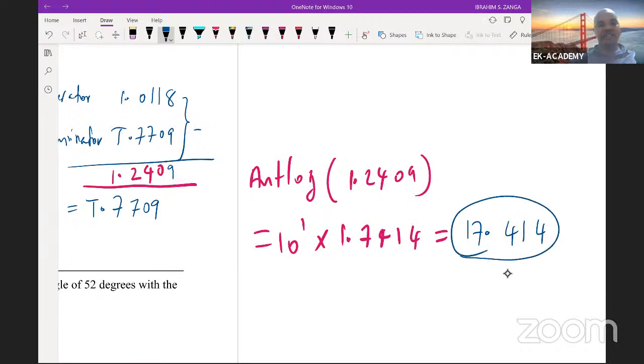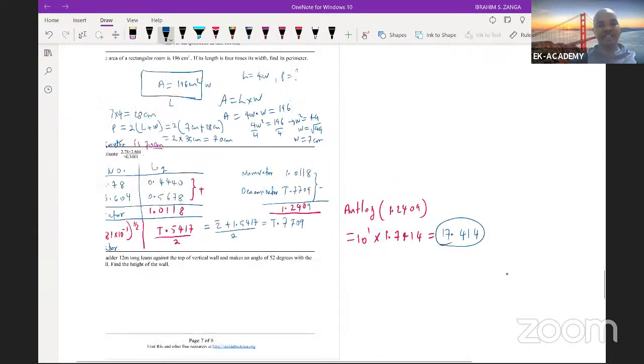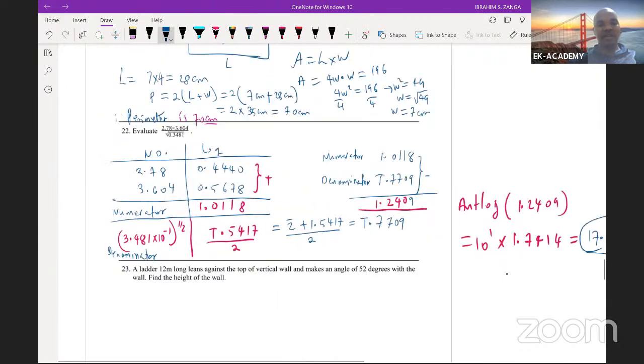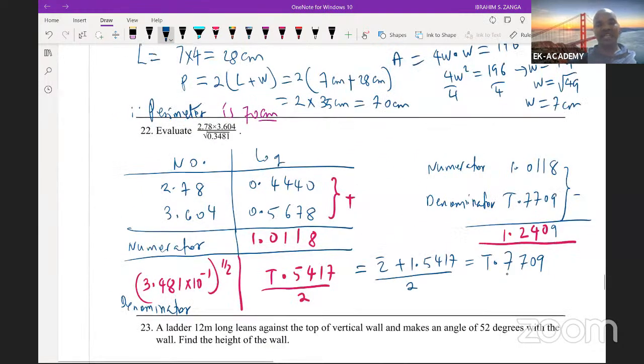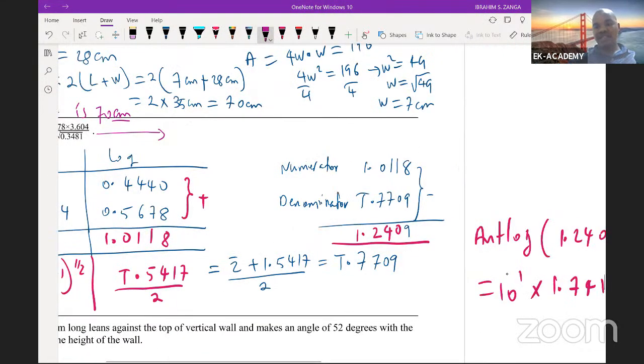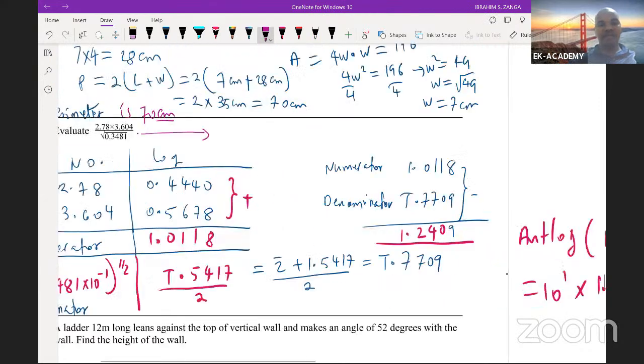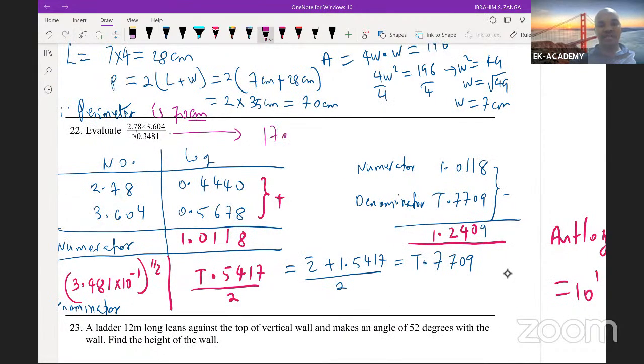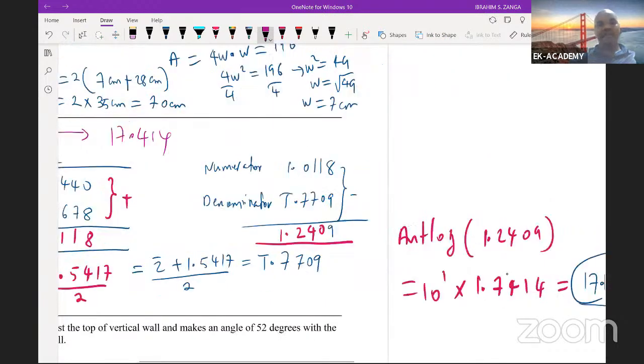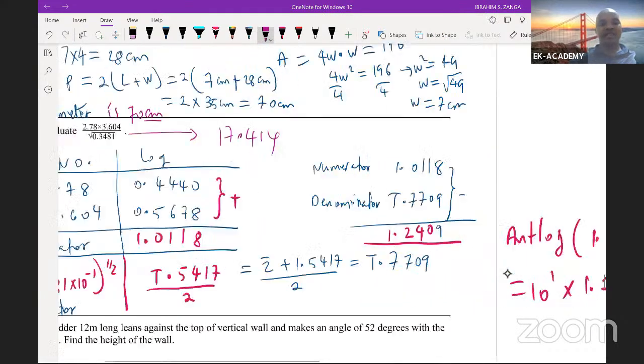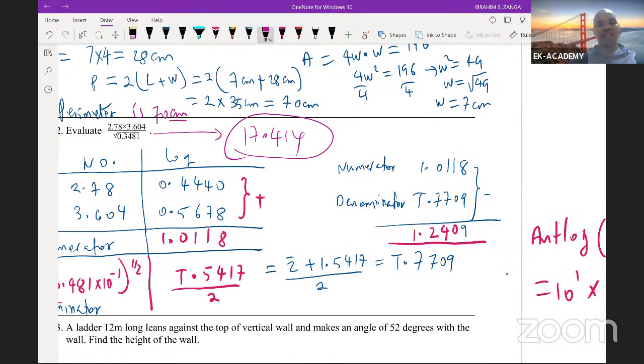So this is our final answer, dear friends. The value of this expression is going to be 17.414.